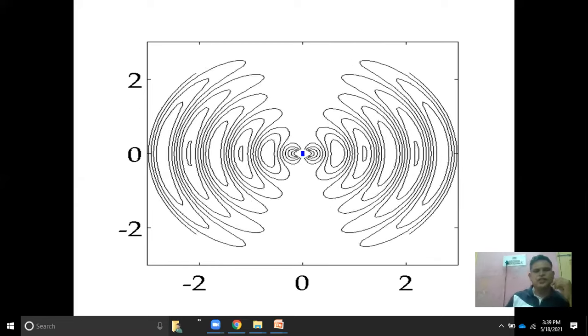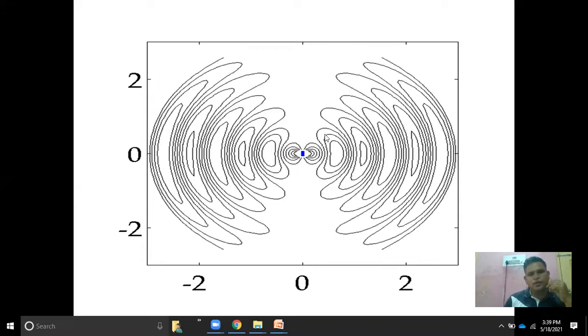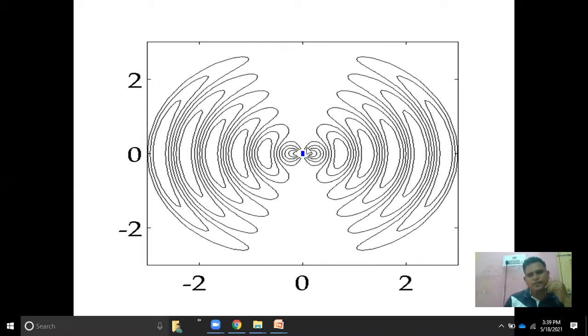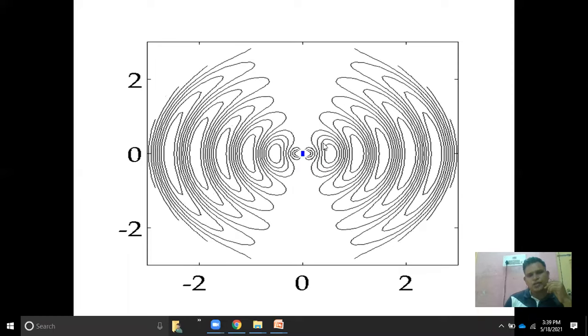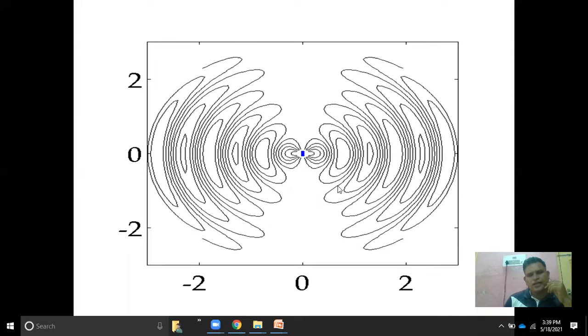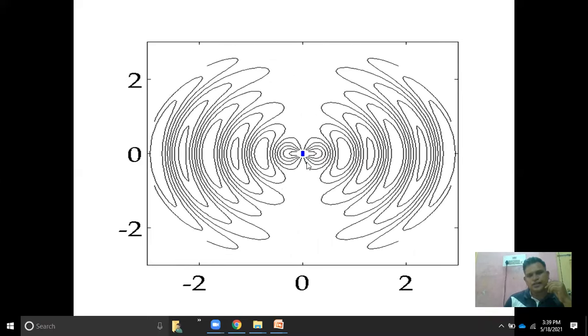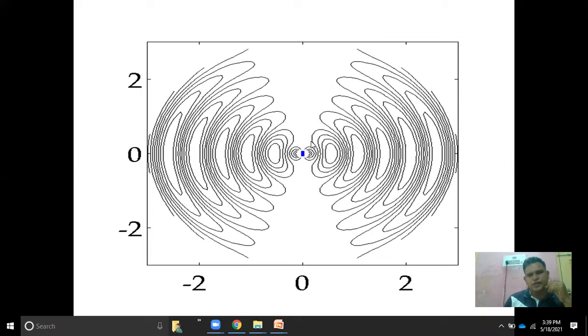Generally there are n number of electromagnetic field lines. Here we are showing only one field line, which is generated by these two equal and opposite charges. We'll see in detail in our next slide.